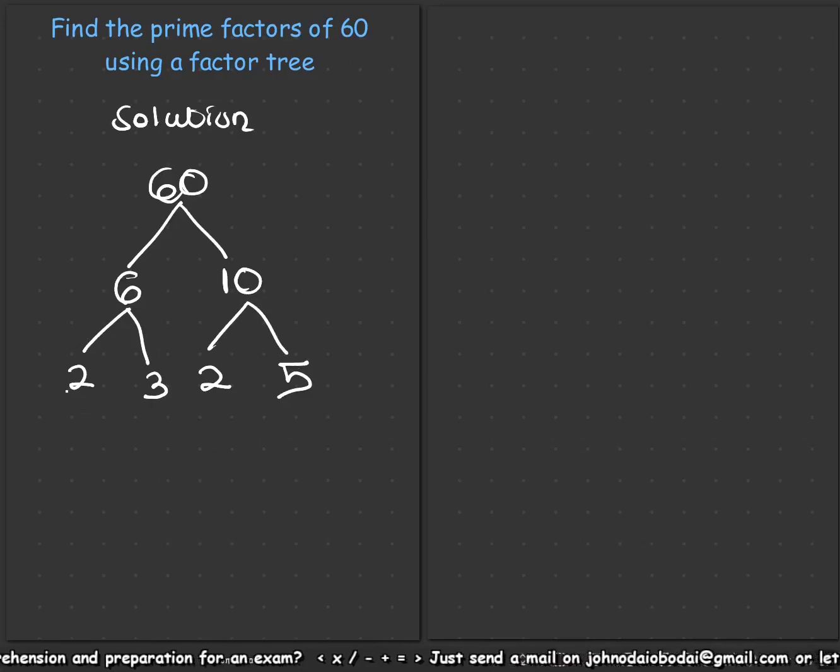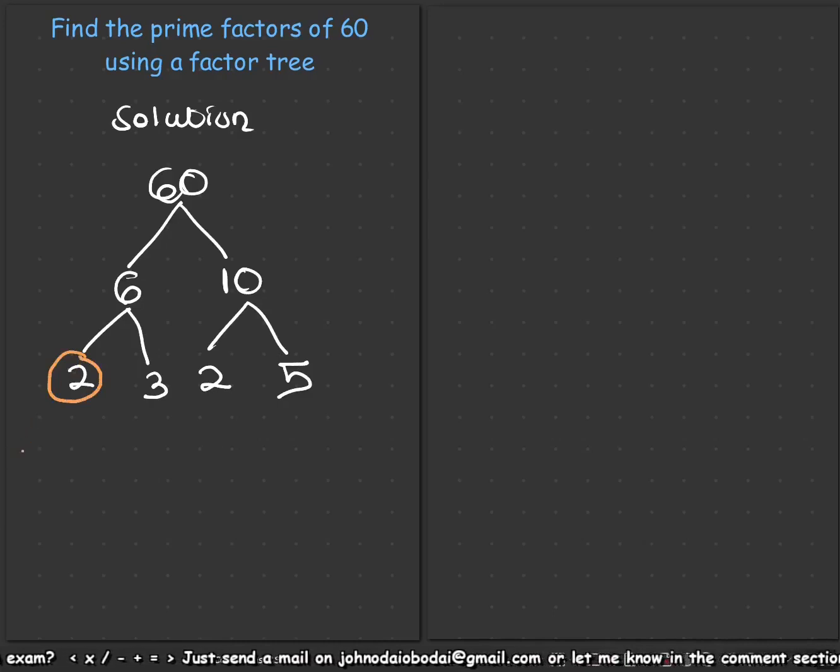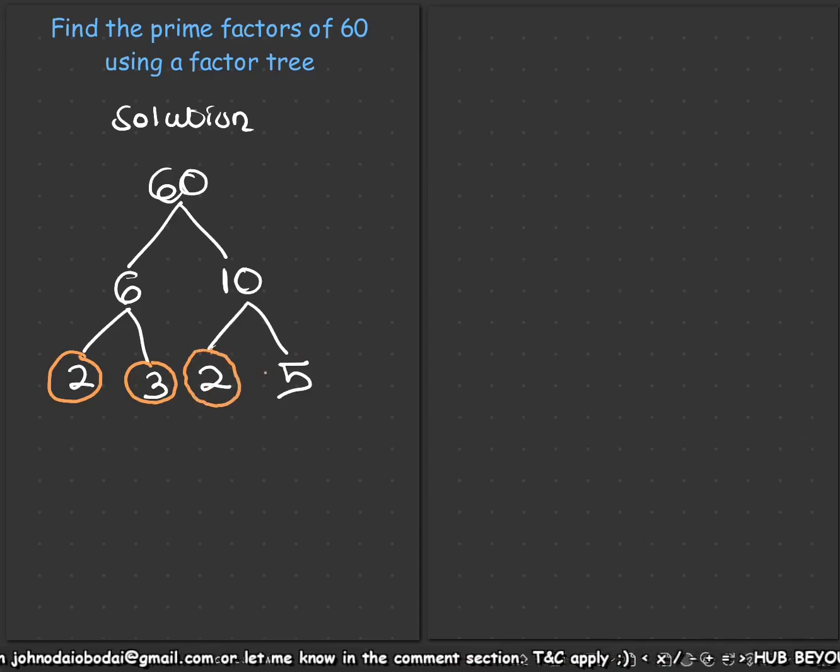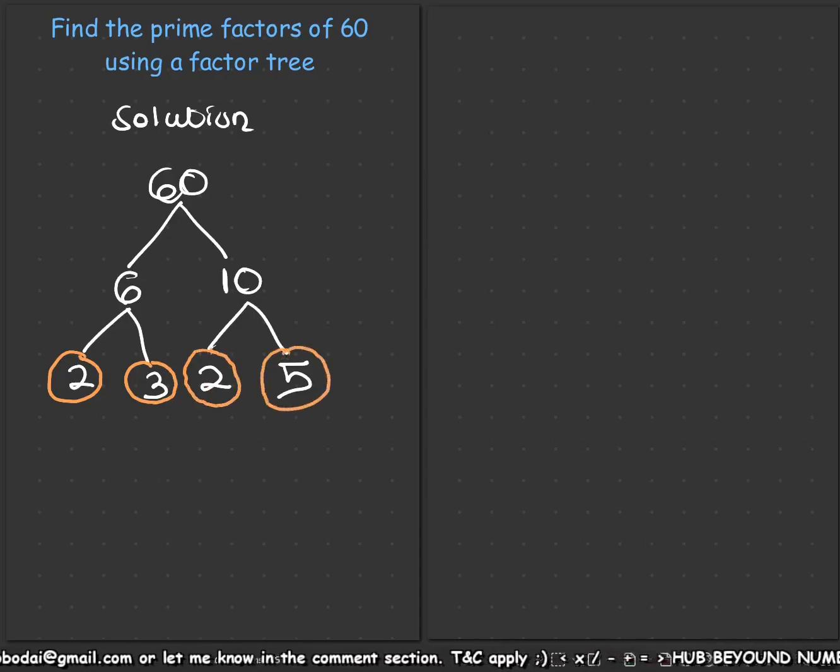Now these are the numbers we have gotten. Is 2 a prime number? 2 is a prime number, so it is not going to have any other branch. Is 3 a prime number? Yes, it is, so it is also not going to have a branch. Is this 2 also a prime number? Yes, it is. 5 is also a prime number. Hence, all these numbers are not going to give us any branch. That ends our tree.